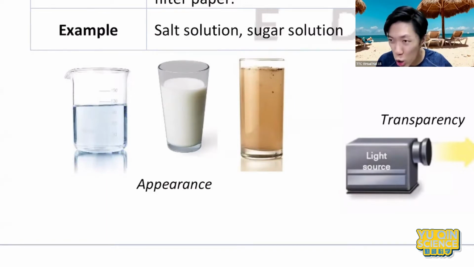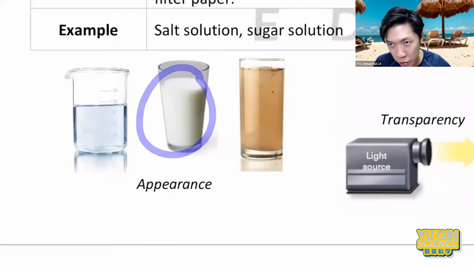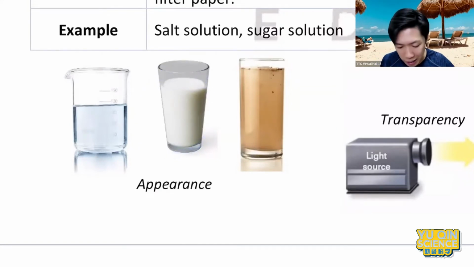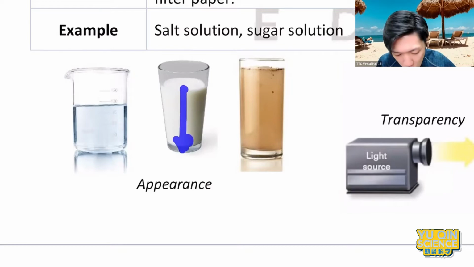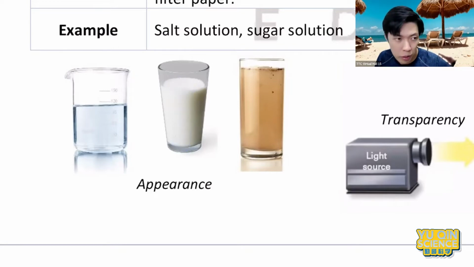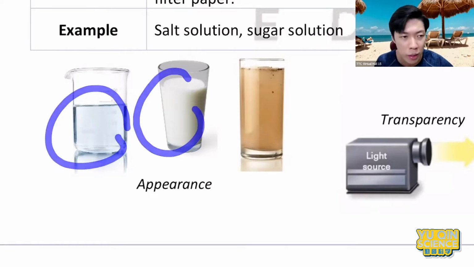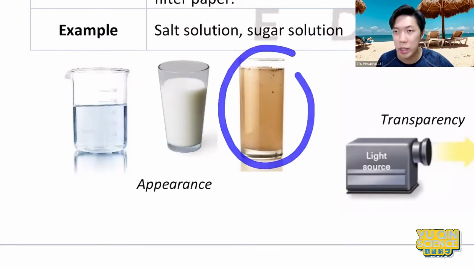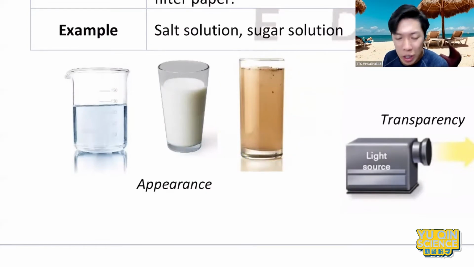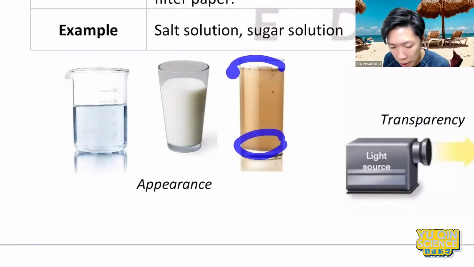But colloid is not transparent, and the light doesn't pass through, and there are no particles sinking to the bottom or floating at the top. The whole thing is just one uniform liquid. So it's not as clear as these, but it's in between. The third one has to be the dirtiest water, or I can say it's not uniform in color, maybe darker at the bottom, lighter at the top.